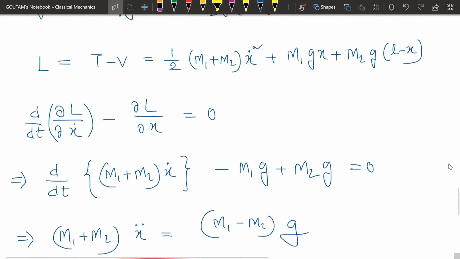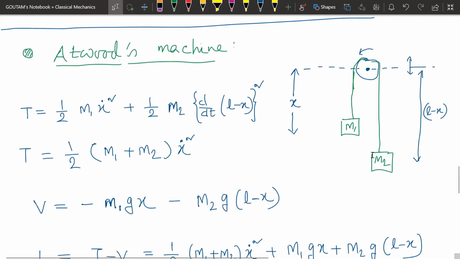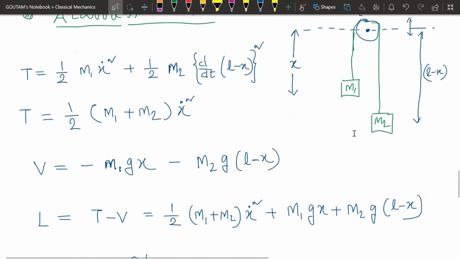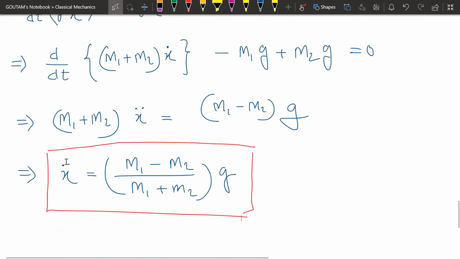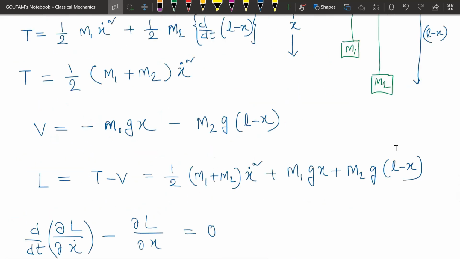If we take m2 as 0, there is no m2, so m1 will be falling freely under gravitational acceleration g. So x double dot will be g if we take m2 as 0. And we get this g, since m1 and m1 cancel. So this is consistent.